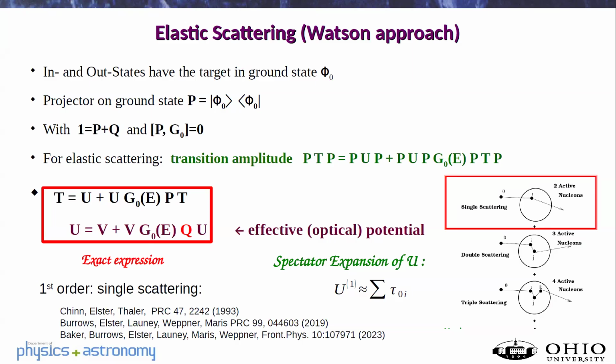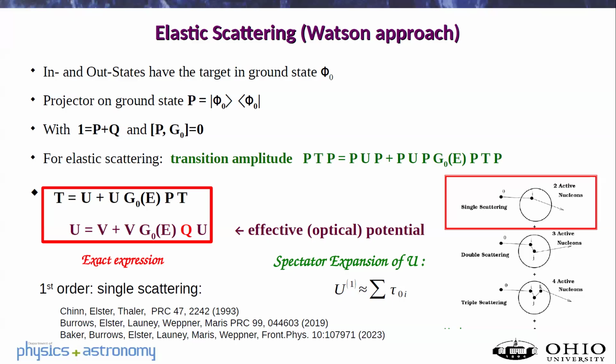For elastic scattering, you sandwich your transition amplitude with the operator P. When you put the P in, you split your Lippmann-Schwinger amplitude into two pieces: the one which lives in P space, which is the one you compute, and then the optical potential, which lives in Q space, and this is the effective optical potential. This is still an exact expression.